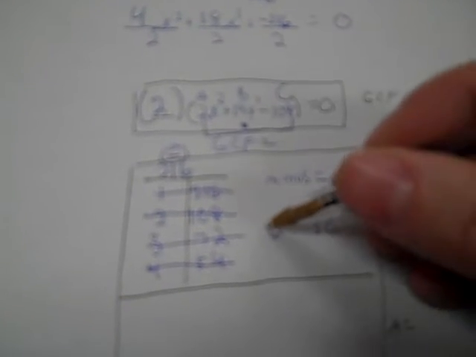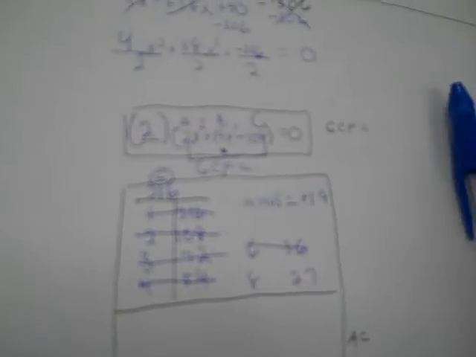Divided by 6, you get 36. We'll just keep writing them here. That's not. 36 minus 6 is 30. 8 and 27. Let's see what 27 minus 8 would be. 19. So we have found it.